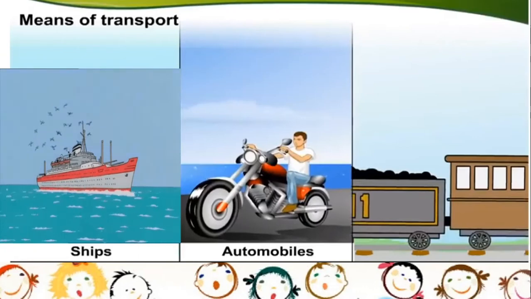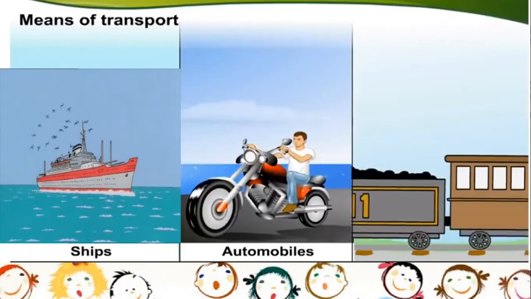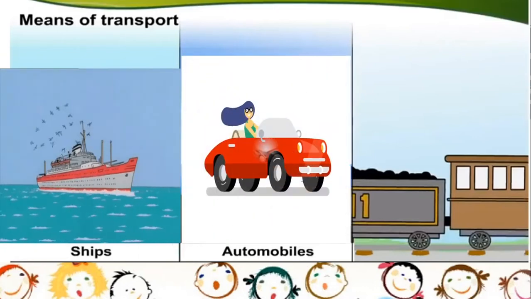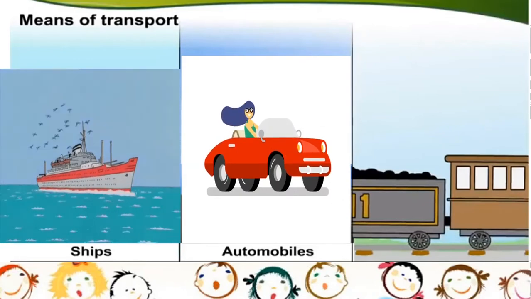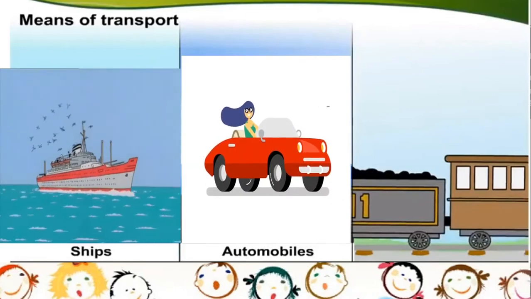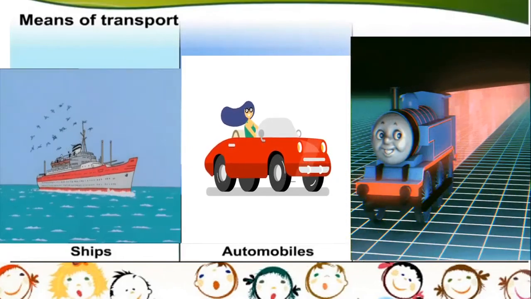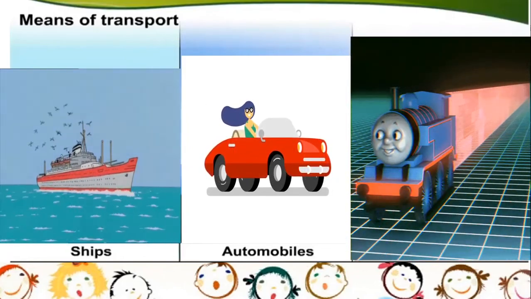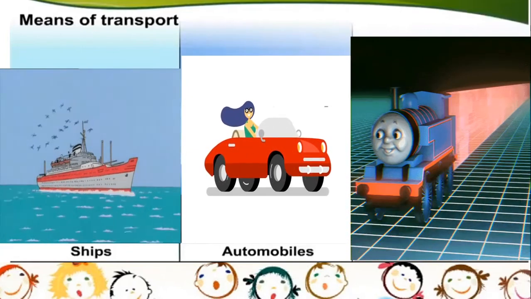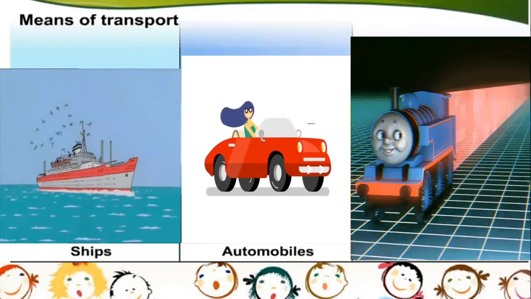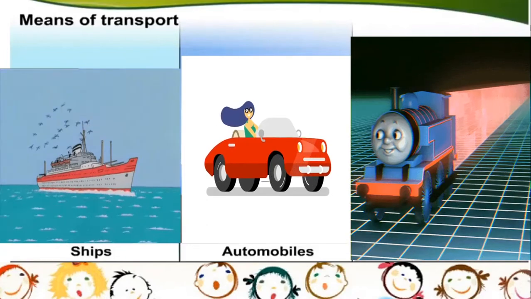We have people riding motorbikes, or even people driving around in cars, or as we call them, automobiles. We have people going from one place to another in trains. Okay children, you know the name of this train, Thomas and Friends.